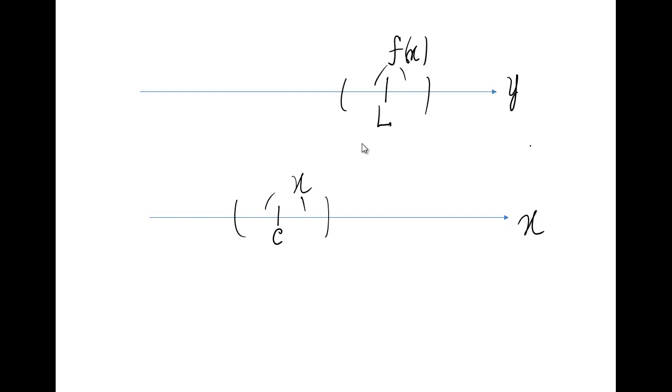Well, if we can make the value of f of x to be within any open interval centered at L, simply by choosing any x in some suitable open interval centered at c. If that is possible, then the limit of f at c is L.